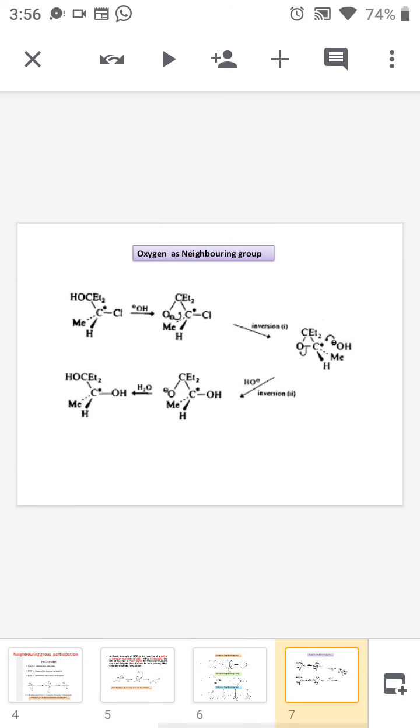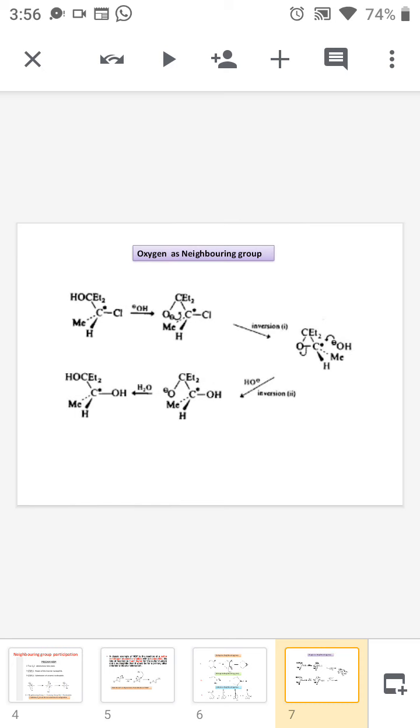See the fourth example, in which oxygen acts as a neighboring group. Consider this example: this is a secondary alcohol, and in the beta position we have a chlorine, and we know that chlorine is a good leaving group.